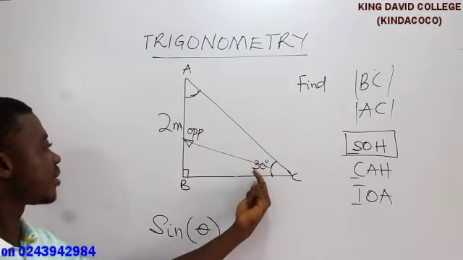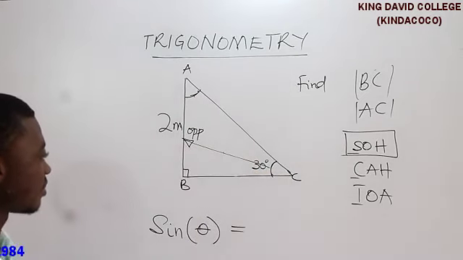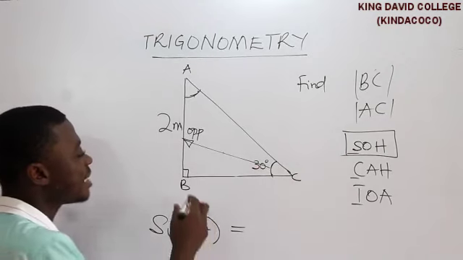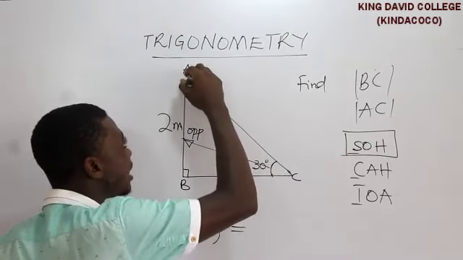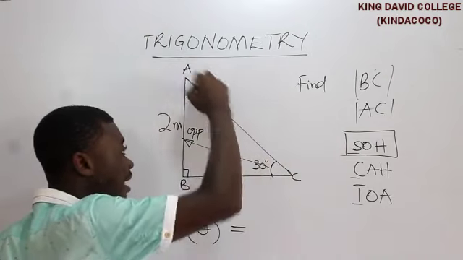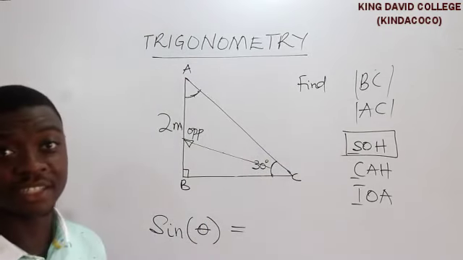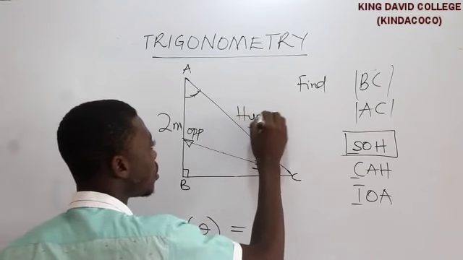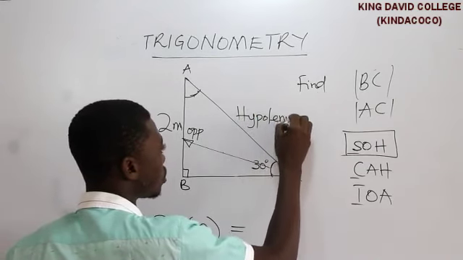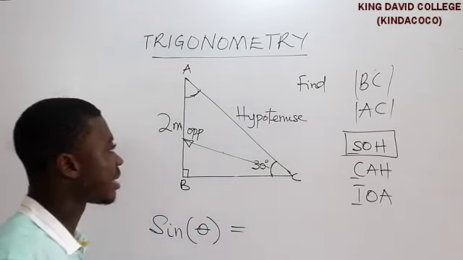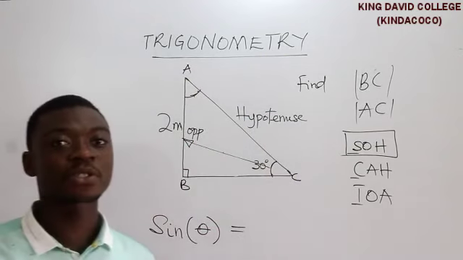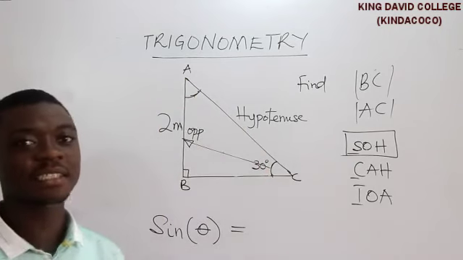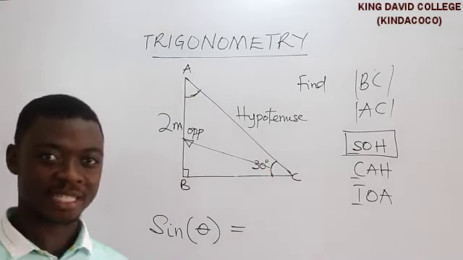This is now the opposite. Then if I establish the opposite, as for the longer side of a right angle triangle, it is always called the hypotenuse. The longer side is always called the hypotenuse. And where the angle is facing is called the opposite.